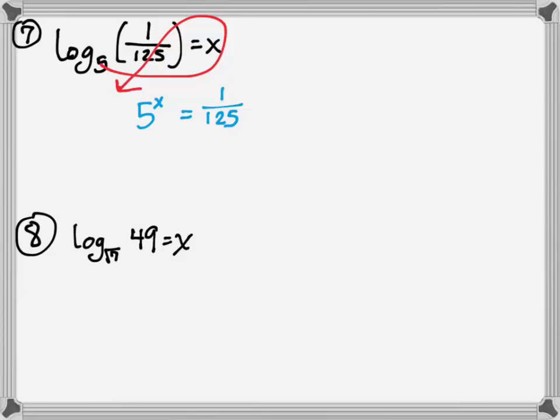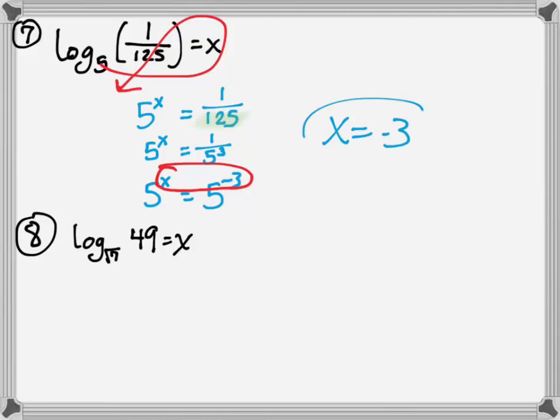Well, how can I convert this into 5 to a power? Well, that means this is 1 over 5 cubed. And that means that we have 5 to the -3rd. And if you forgot your negative exponent rules, that's in that exponent explanation that I gave you as well in addition to this lesson. So if we set our exponents equal to each other, we have x is equal to -3.